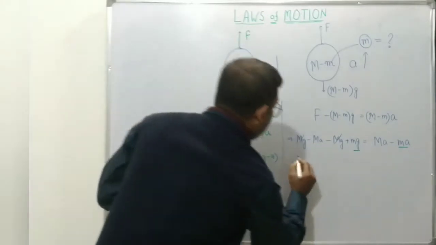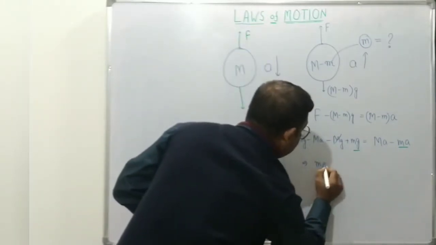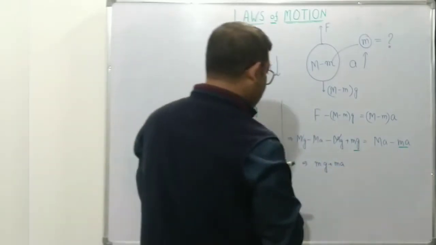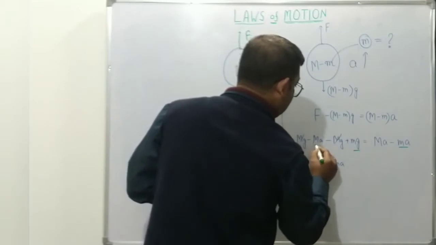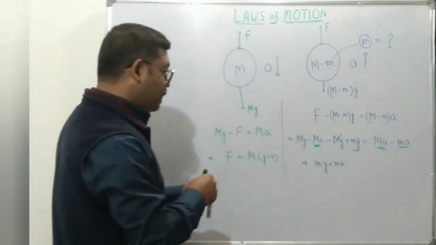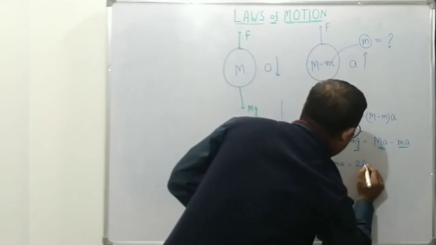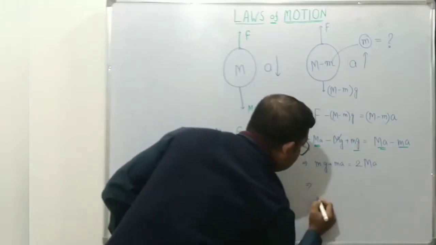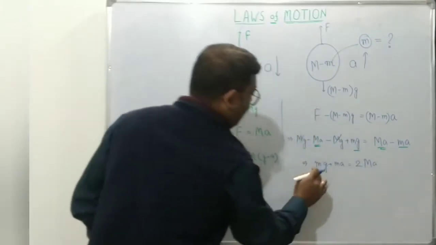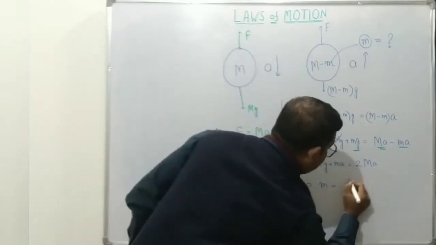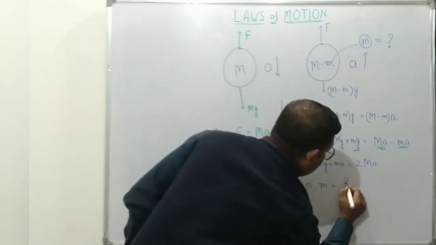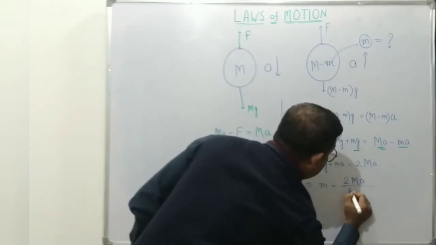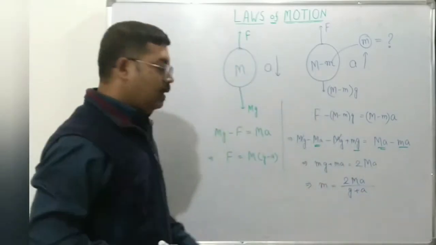So, we will be left with Mg plus Ma. Take these two terms to the right hand side and we will get 2 capital M into a. Or we can rewrite this as M, taking M common, we have g plus a, so we do a little bit of calculation and algebra and we find m equals 2Ma divided by (g plus a). This is our required solution.